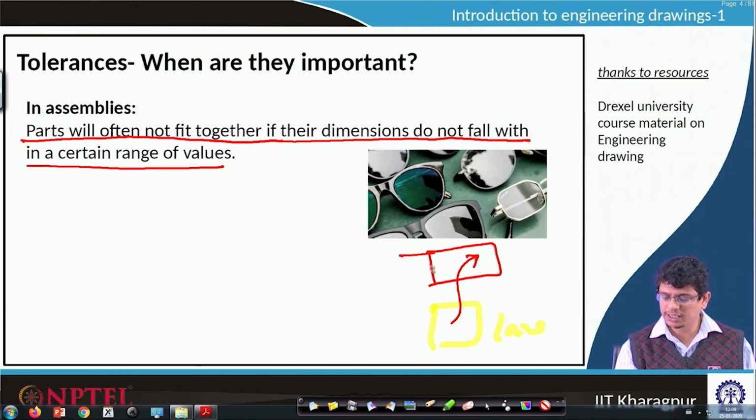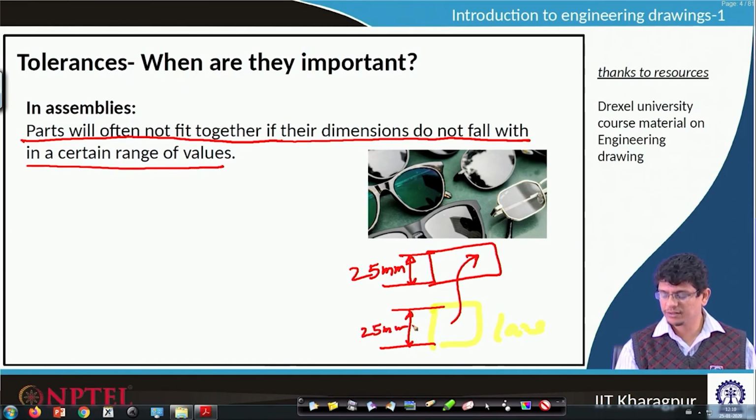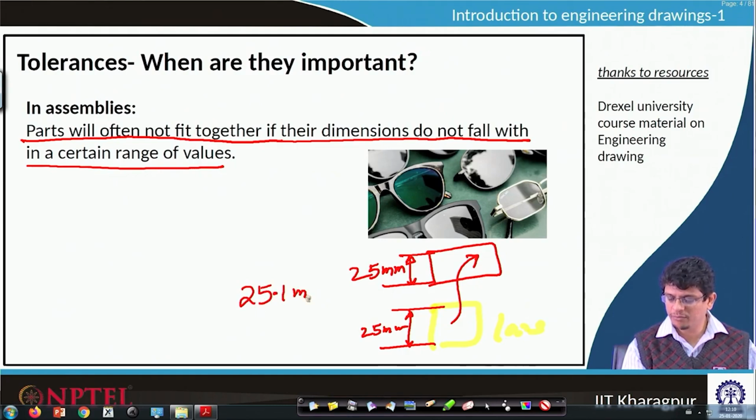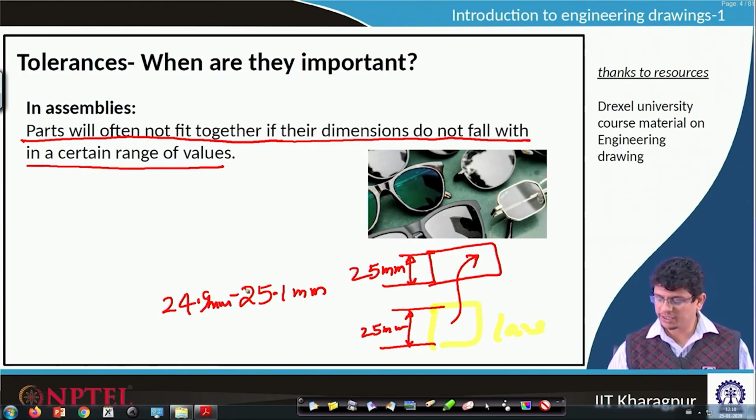For example, let us consider this dimension is 25 mm. This one, 25 mm, is the correct fit. Perhaps when you are making it, it ranges from 24.9 mm to 25.1 mm, within that range.